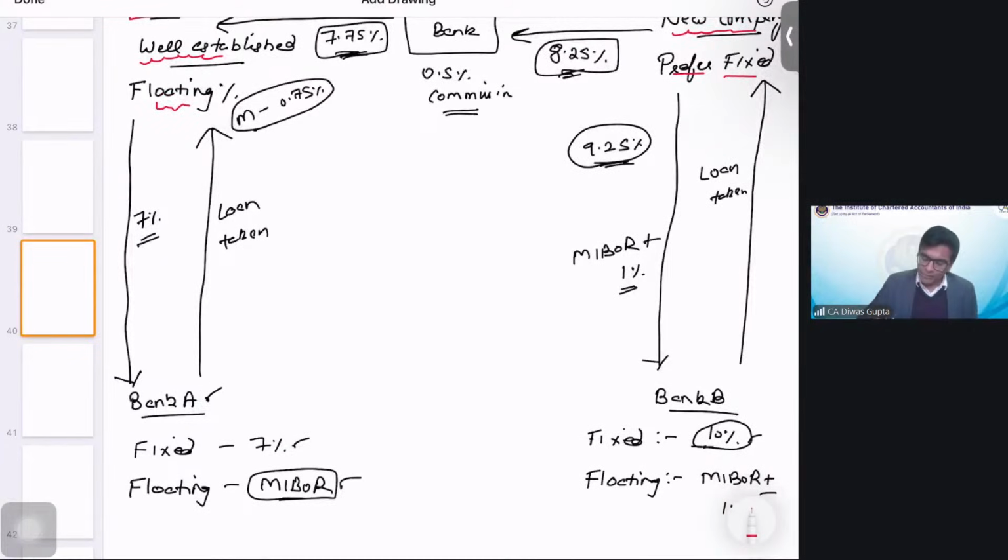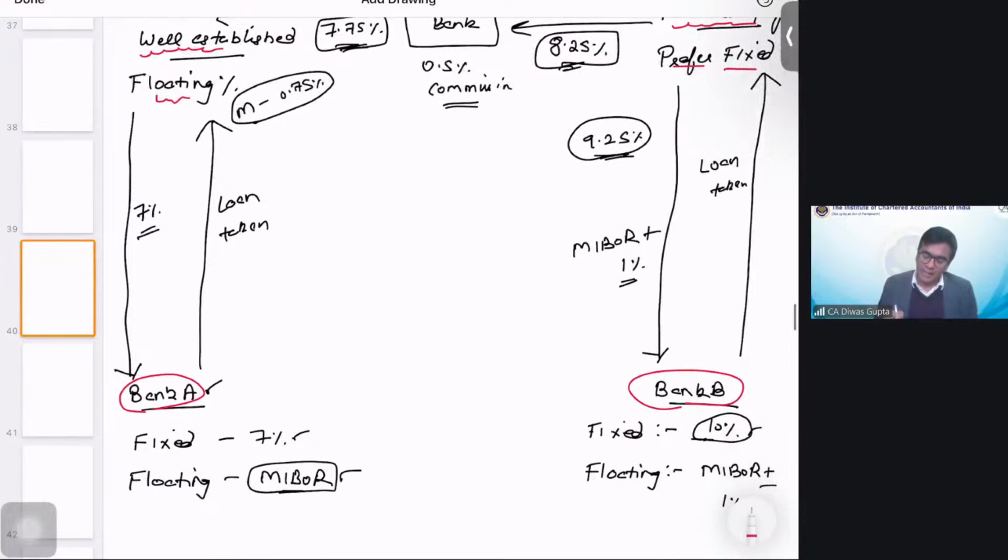So they approach their respective banks, Bank A and Bank B, students. Now, Bank A has quoted to Company A that in case you want to borrow fixed, you are required to pay me 7% interest. If you want to borrow in floating, I can offer you a MIBOR-equivalent rate itself.